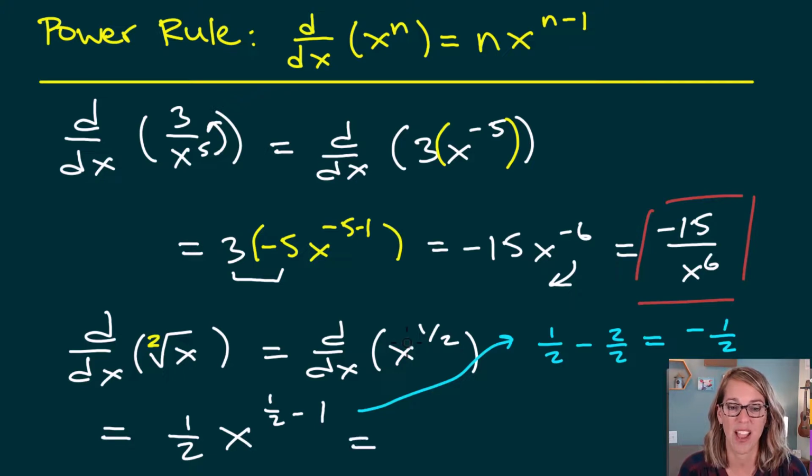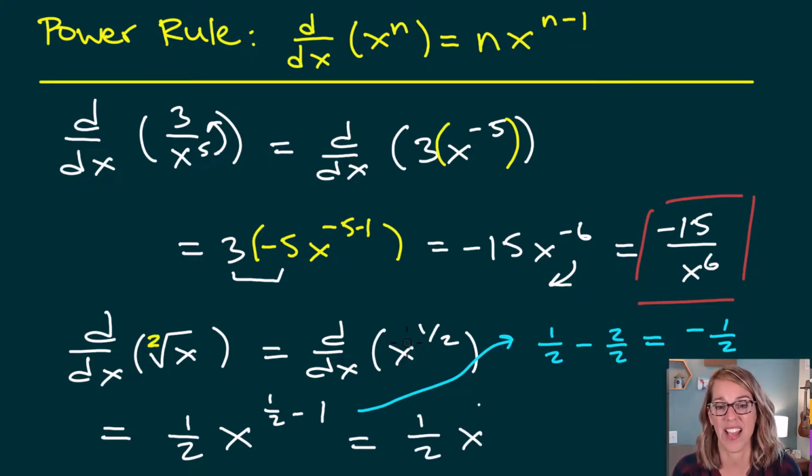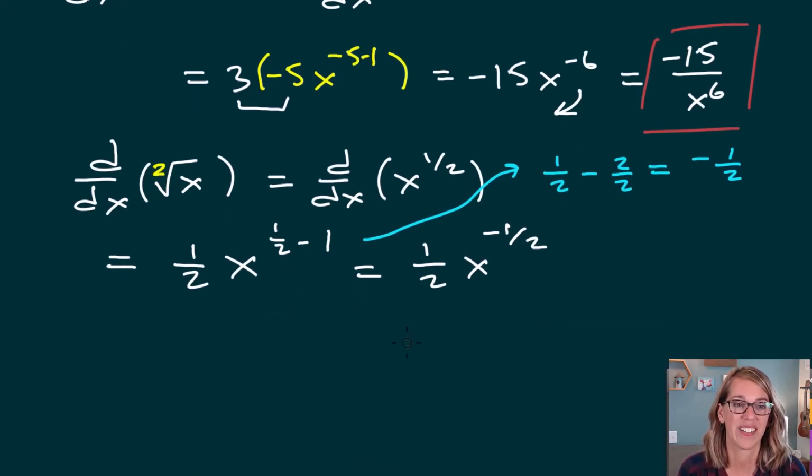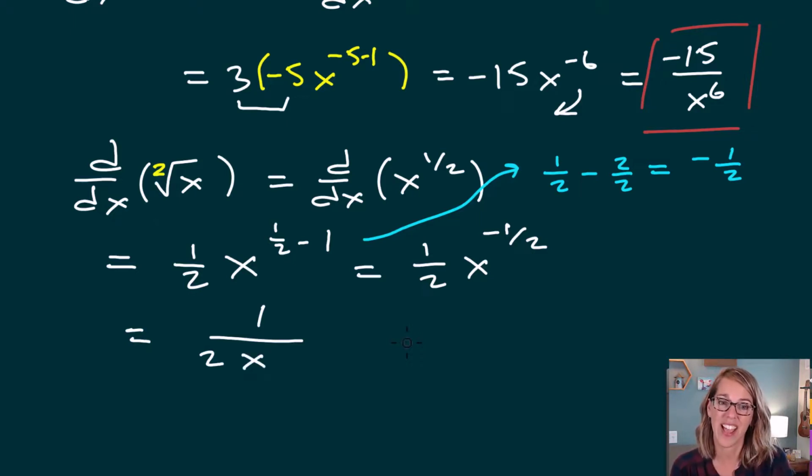Okay, so doing the math, I end up with 1/2 x to the -1/2. That's going to live in a denominator. So we get, in our fraction, 1 lives in the numerator, 2 lives in the denominator, and I can change that x to the -1/2 to an x to the +1/2 in my denominator.